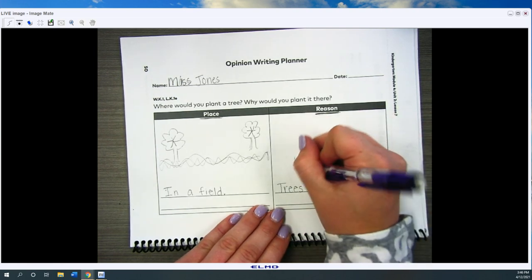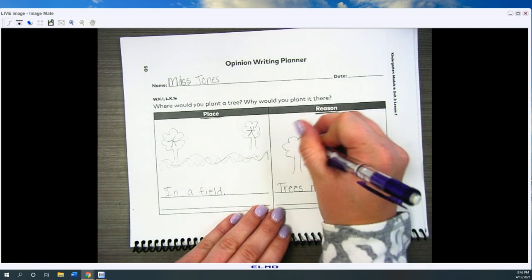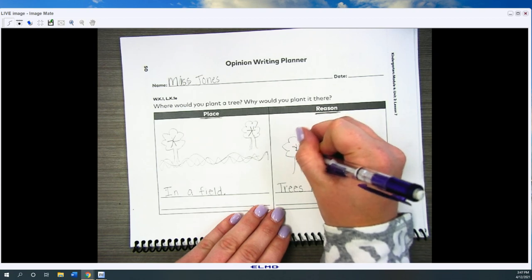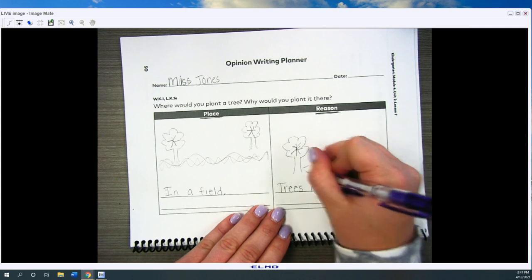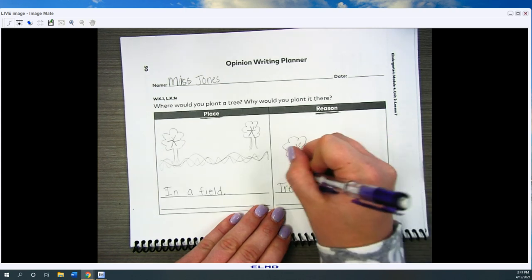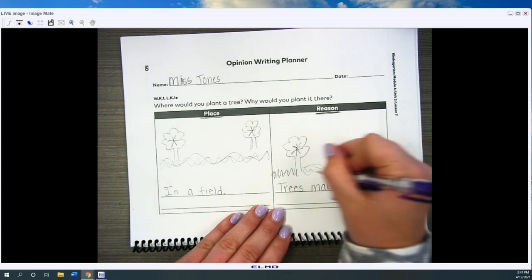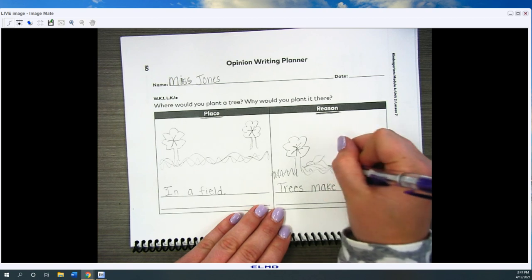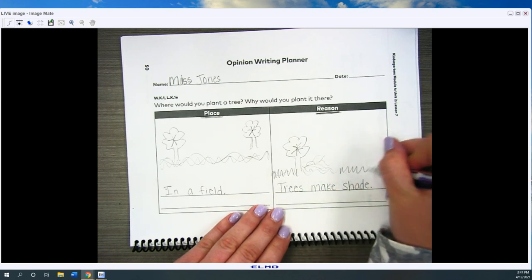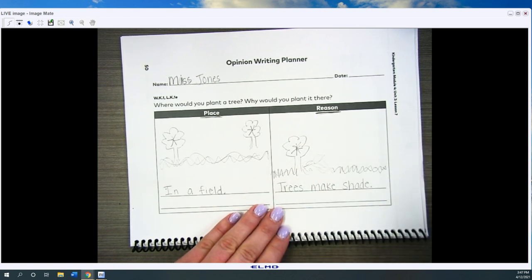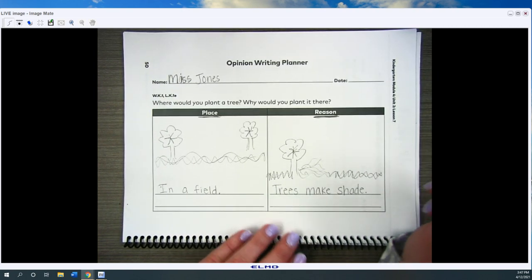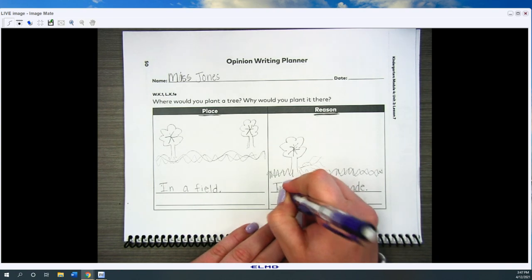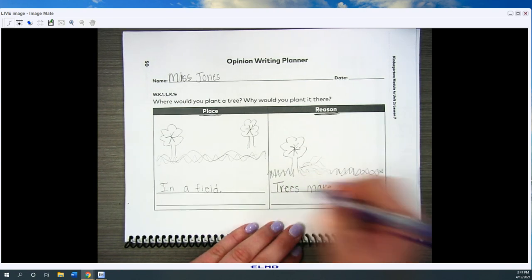And then you will draw a picture of how it would make shade. Here's my shade. Okay. Your pictures should have a lot more detail than mine. I'm just doing a quick sketch to show you what is expected.